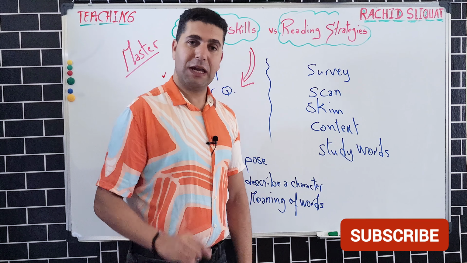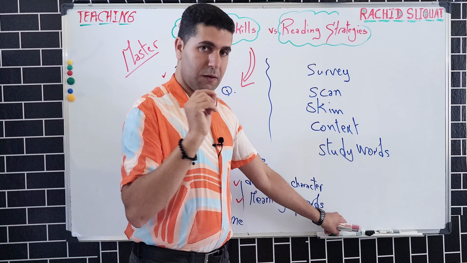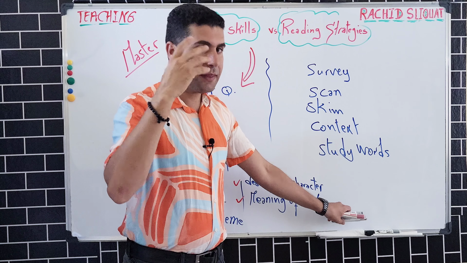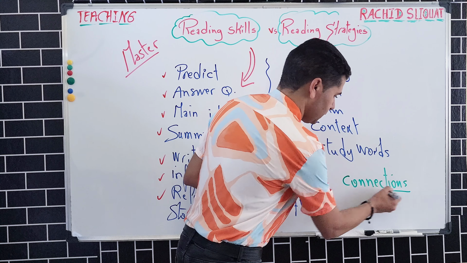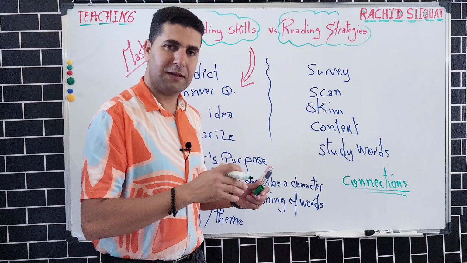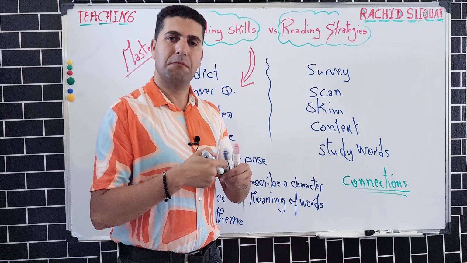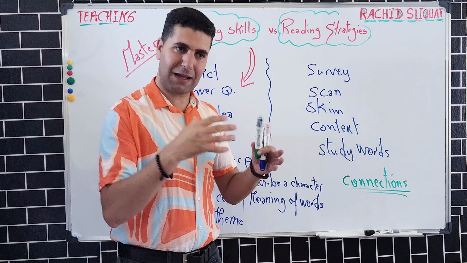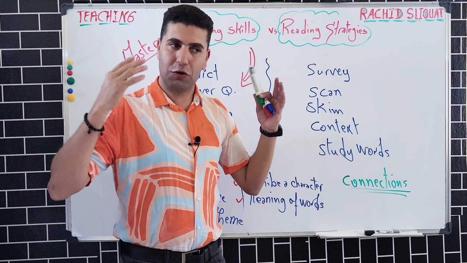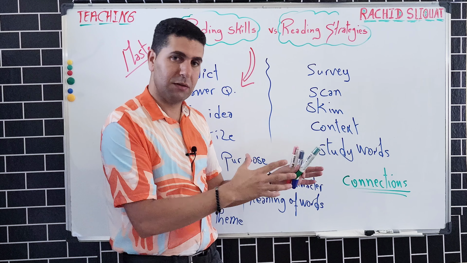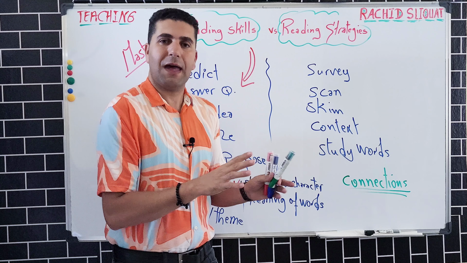There is another very important one that you have to think about, which is what we call connections. So when students read a text, they can make connections, which means to connect what they learned in the text with what they learned before, to relate the text with another topic or with other subjects.